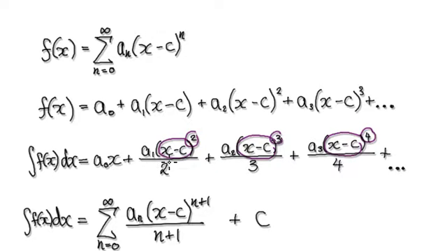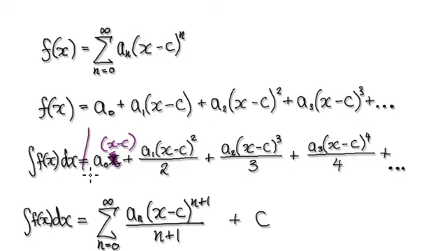Because we want to convert this back into summation form, let's change this to x minus c. It will be the same thing, because if you differentiate this, it will give you this term here. Let's just imagine this x here to be x minus c, to keep it consistent with all these x minus c.